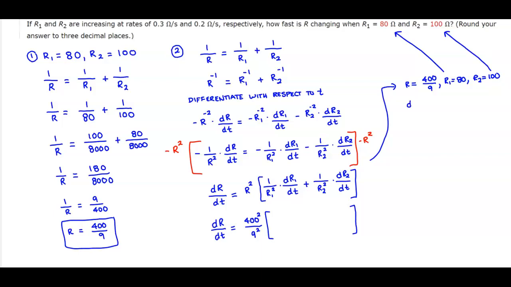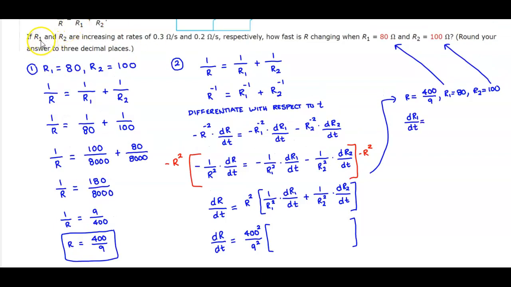The rate dR1 over dt is 0.3, since R1 is increasing at a rate of 0.3 ohms per second. And dR2 over dt is another increasing rate of 0.2 ohms per second.